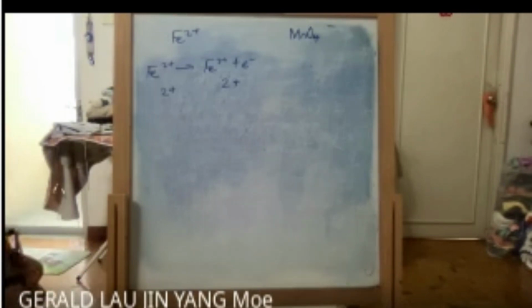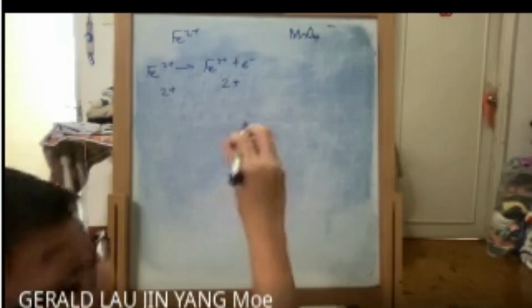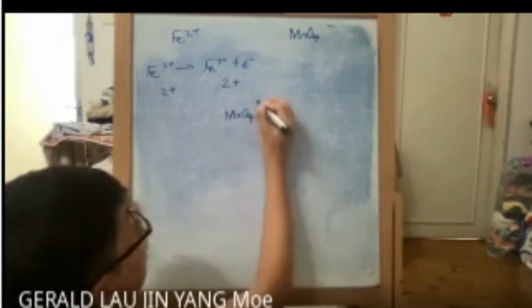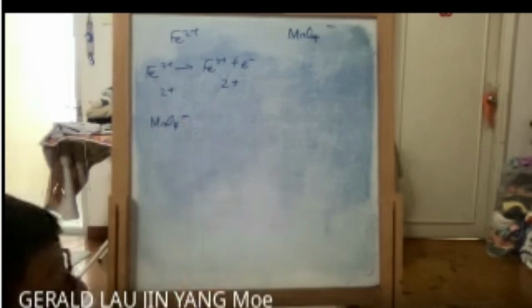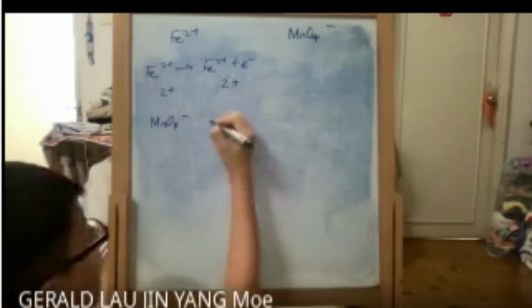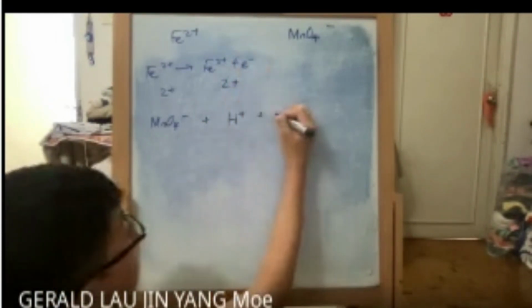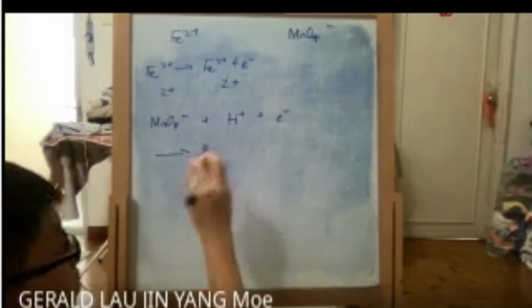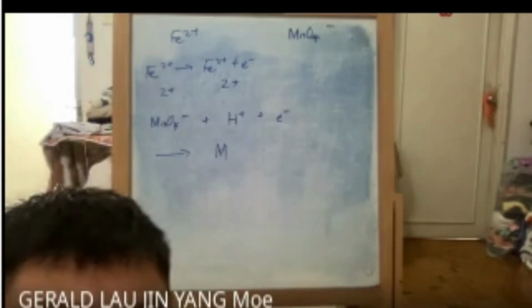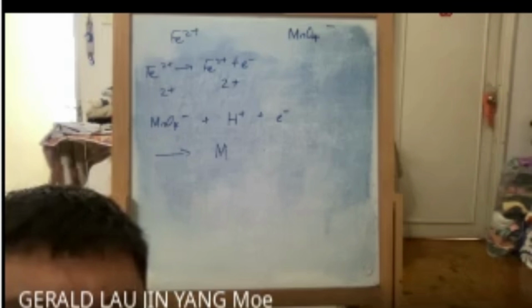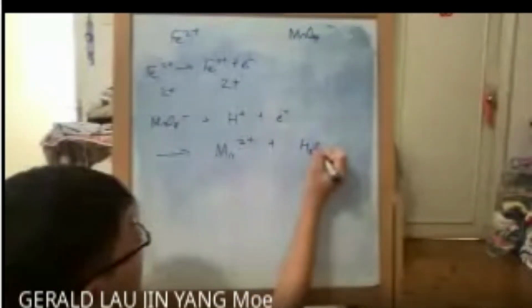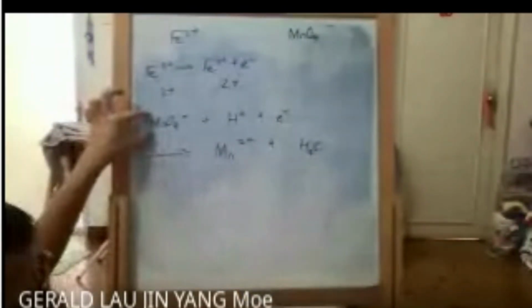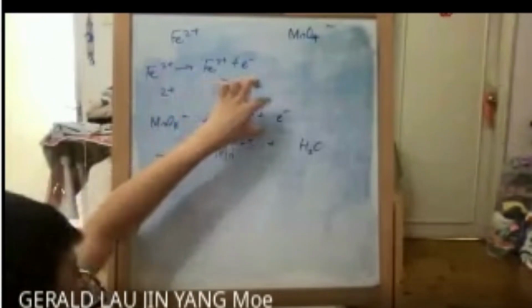This one undergoes reduction. For the manganate ion, you have to remember that it is acidified, MnO4 minus. Acidified means the acid has hydrogen ions. The hydrogen ions and the manganate ion accept electrons to produce the manganese(II) ion, and also water. You must know these basics first.